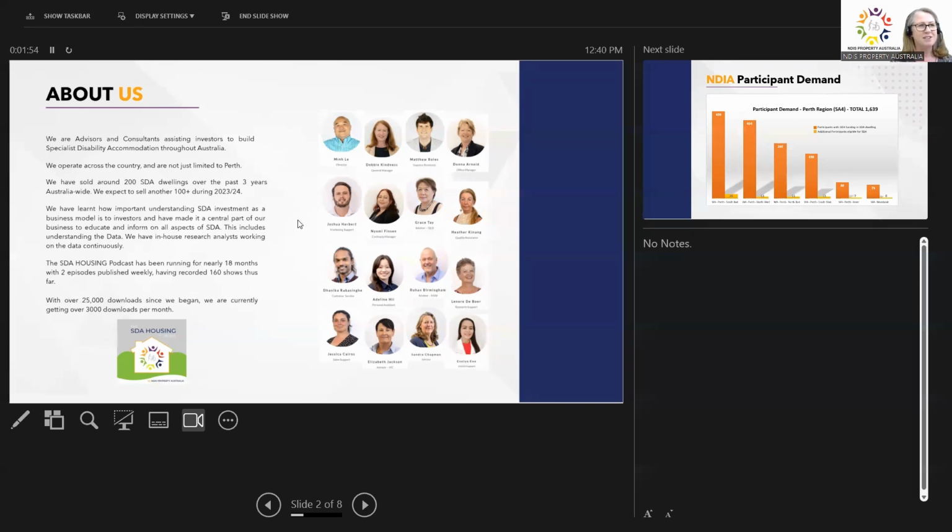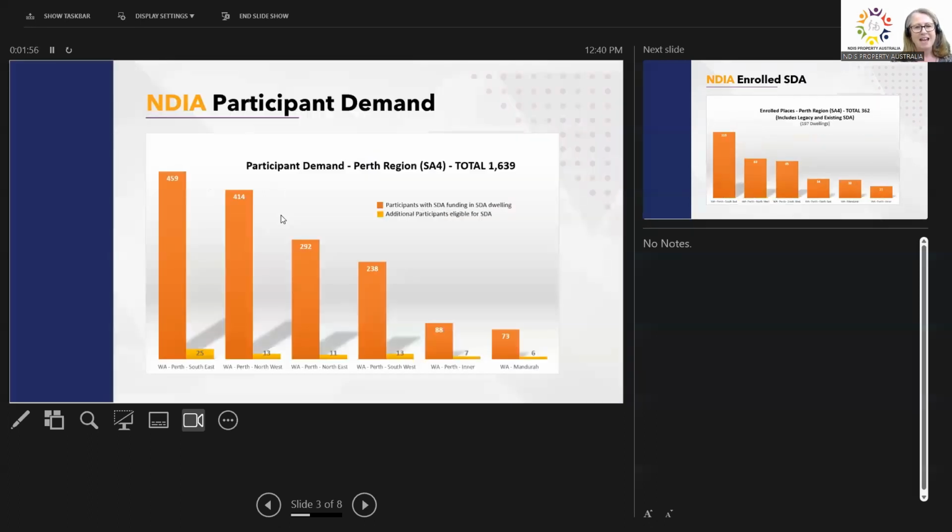So moving on into the Perth market, and we are really focused on Perth at the moment, mainly because it was the last state in Australia to bring on the SDA scheme. It only really fully implemented in the last 2 years.